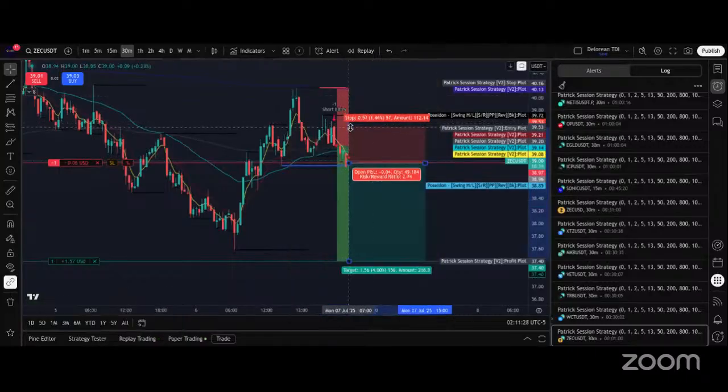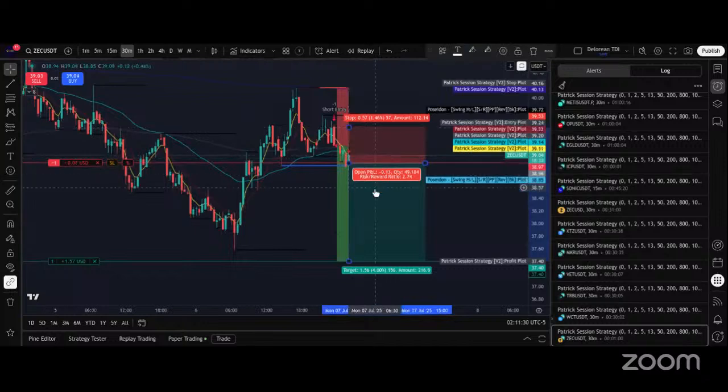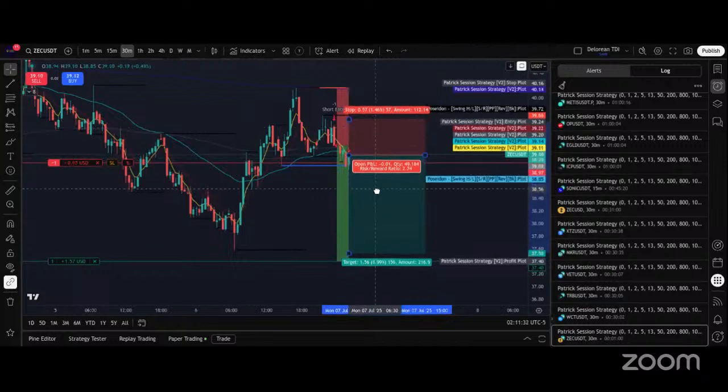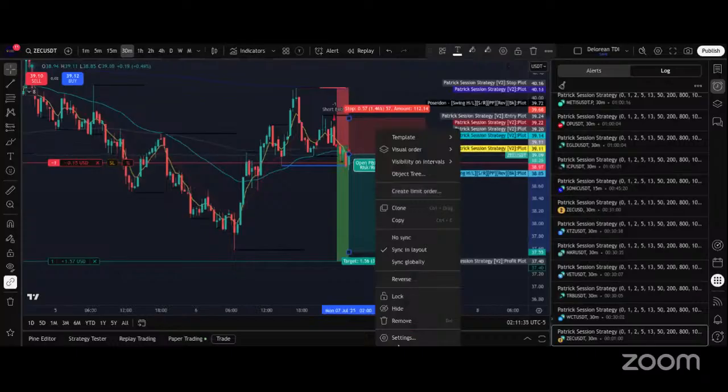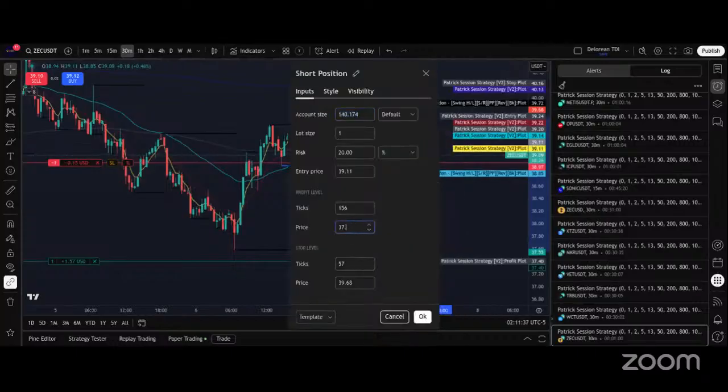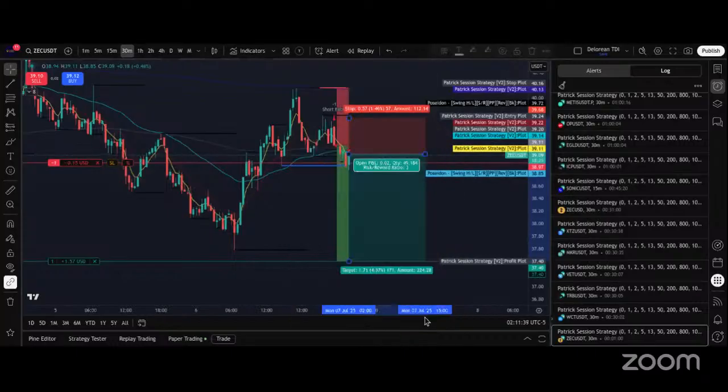I'm going to tighten up the stop just a little bit. As a matter of fact, it's giving us a better entry, so we're going to take that. All right, perfect 3.0 risk to reward ratio. Let me get this out. One moment.